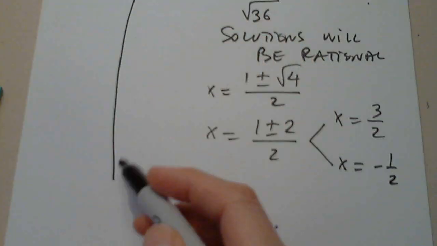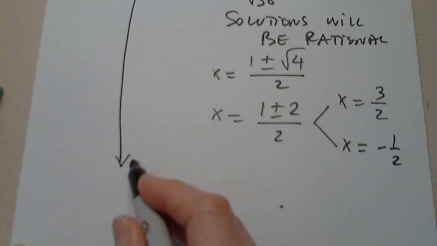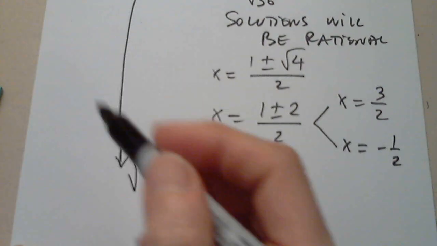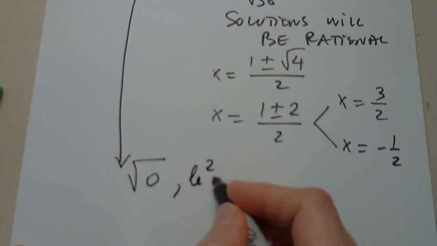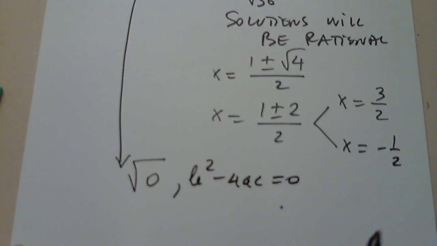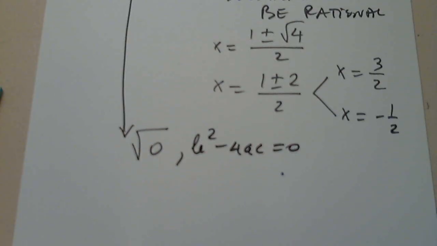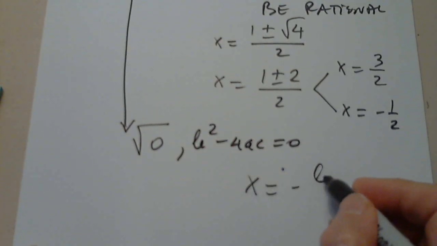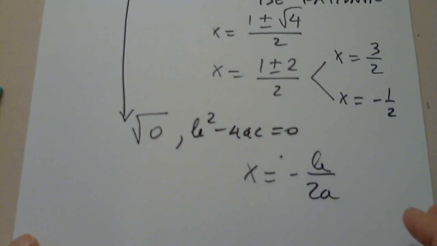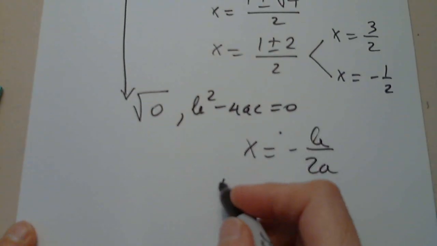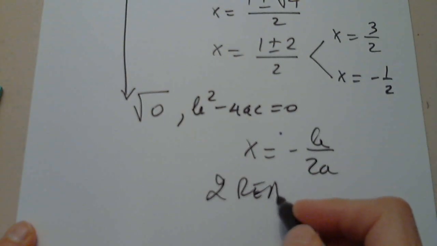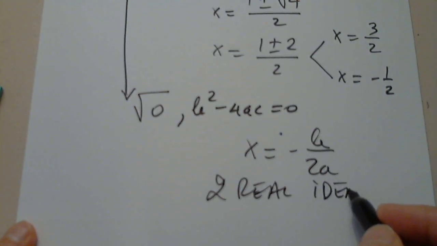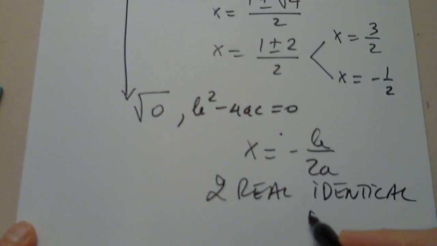The third option, when I take the square root of 0, in other words, the discriminant is 0. What is left? Then only x equals negative b over 2a is left, and nothing else. Two real, identical solutions.